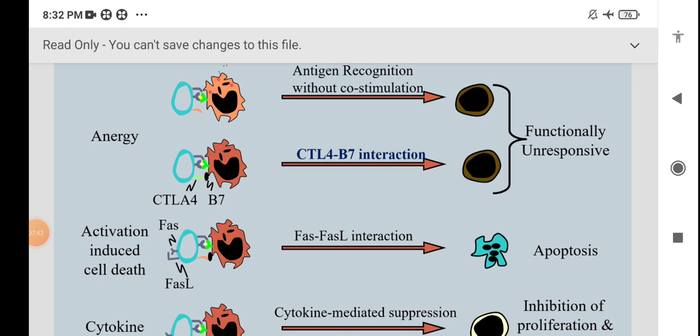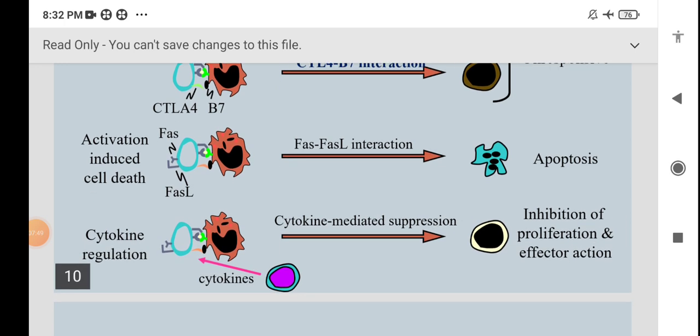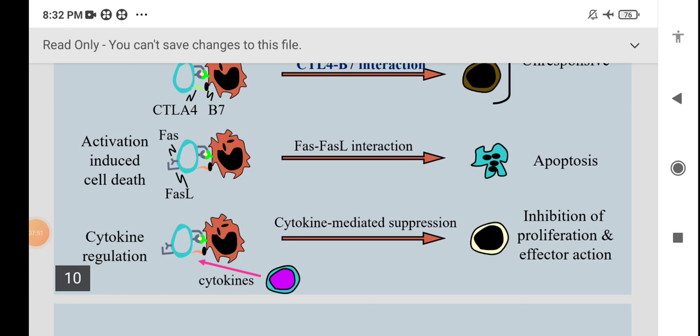Activation induced cell death, Fas-Fas ligand interaction leading to apoptosis. Cytokine regulation, cytokine mediated suppression leading to inhibition of proliferation and effector action.